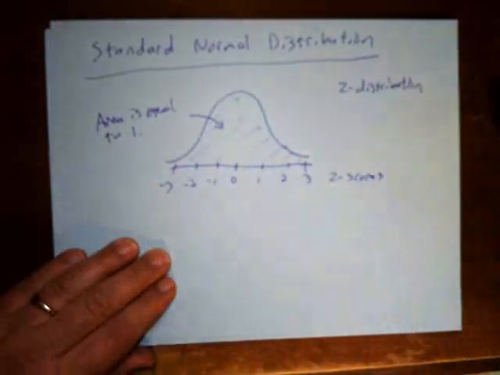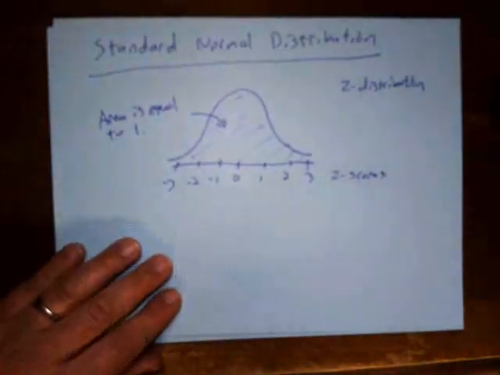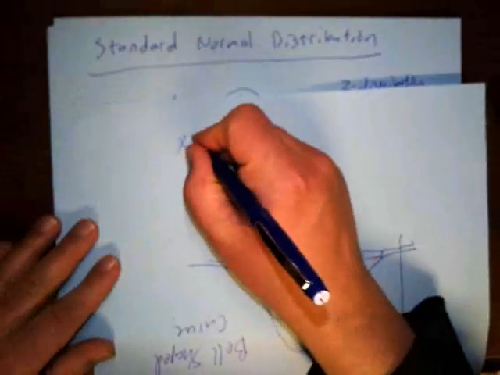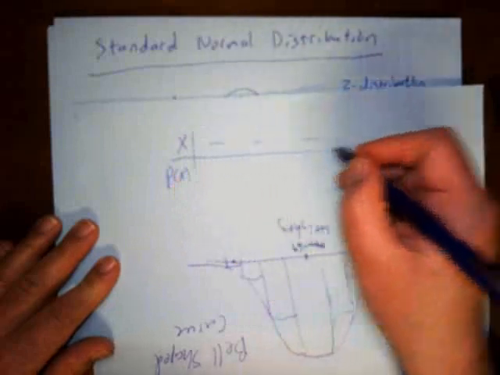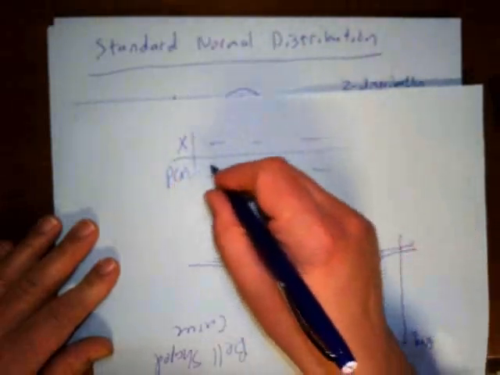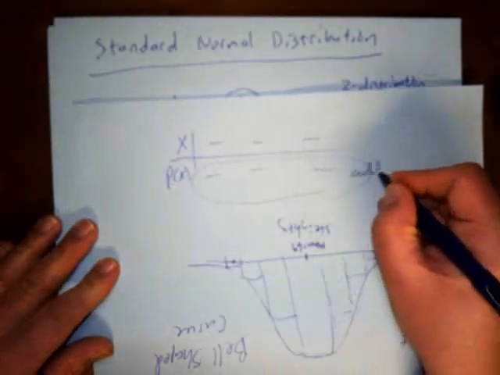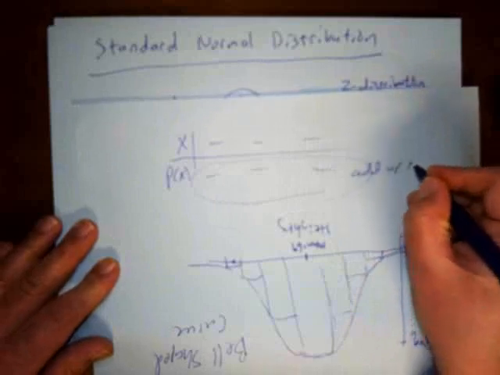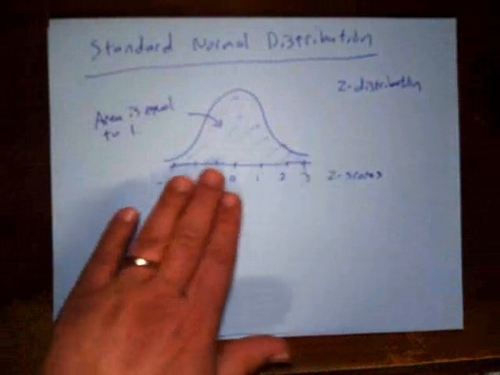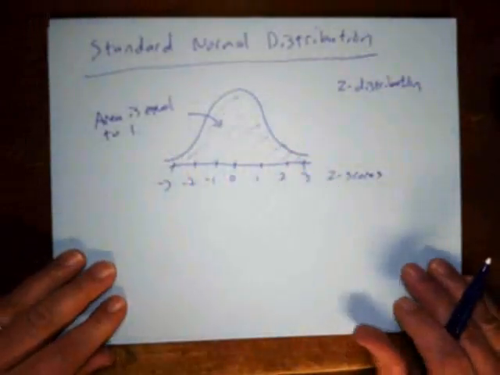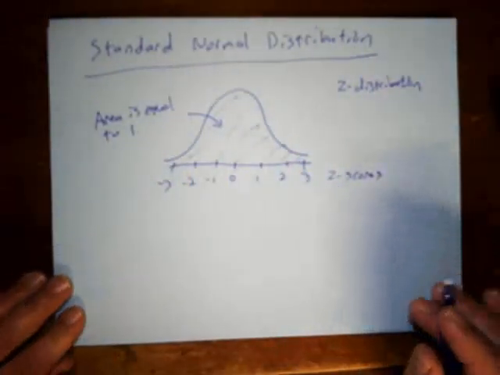When we did the discrete probability distributions, if you remember, we had some values and their probabilities. When you add up the probabilities, they added up to 1, right? Okay, well that's like this. If you add up all the area, the total area is equal to 1.